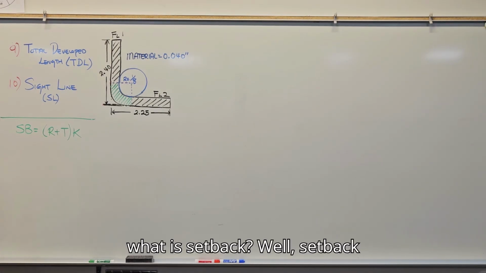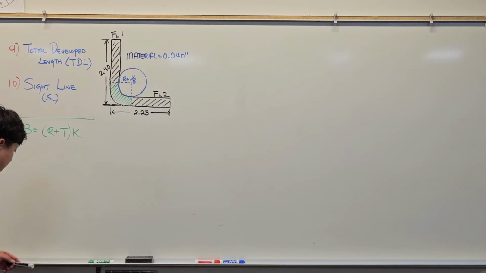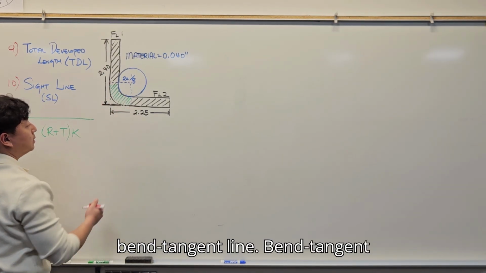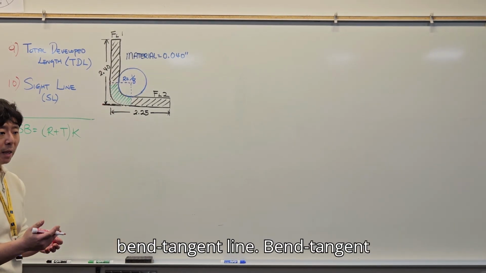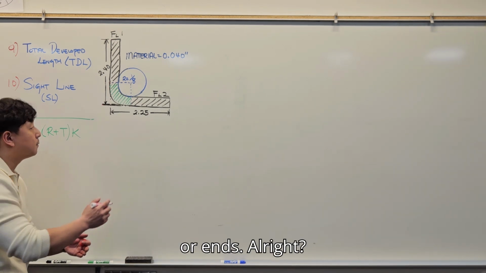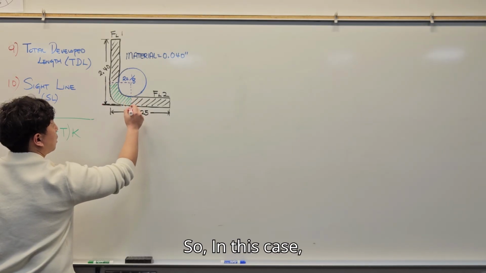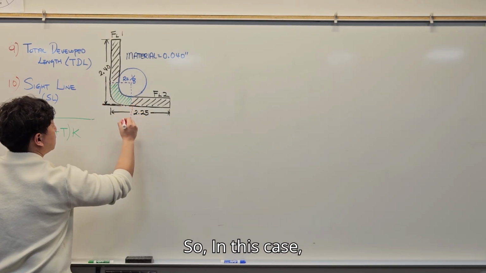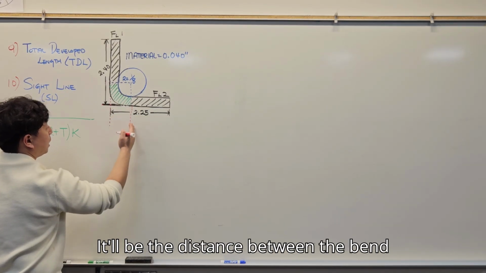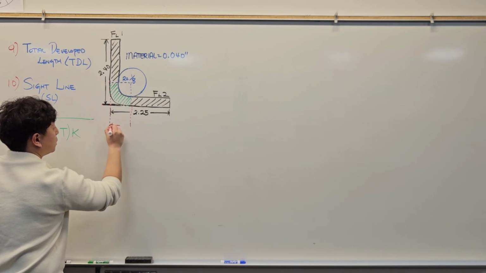So, what is setback? Well, setback is the distance between the bend tangent line. Bend tangent line is where the bend happens or ends. All right? So, in this case, your bend tangent line will be over here. It will be the distance between the bend tangent line to the mold point.